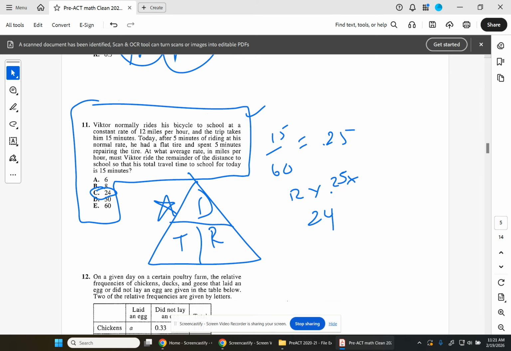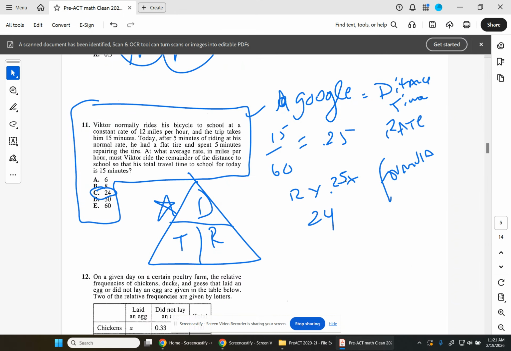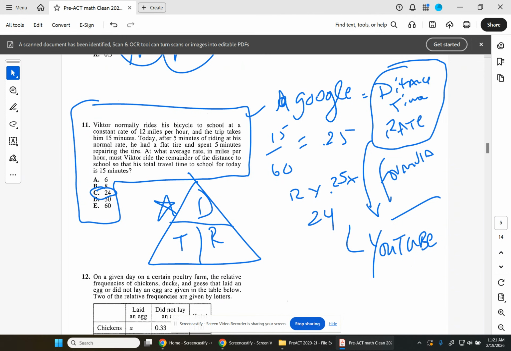If you are having trouble with this one, literally go to Google and type in distance, time, rate formula, or take it to YouTube and ask the same question. This is a distance, time, rate question. Okay. And you'll watch several different people come up with several different ways to approach these types of questions.